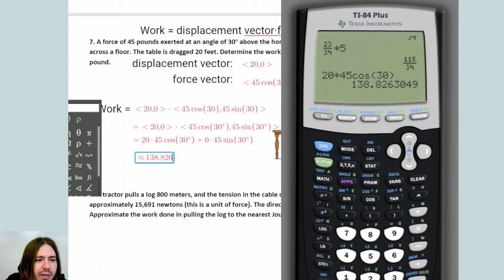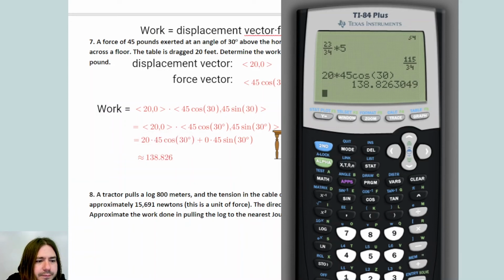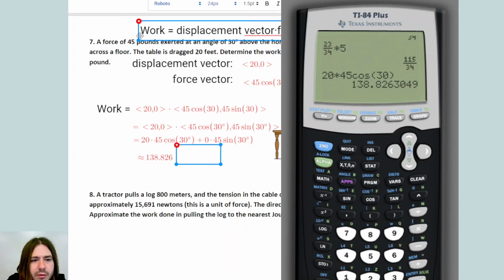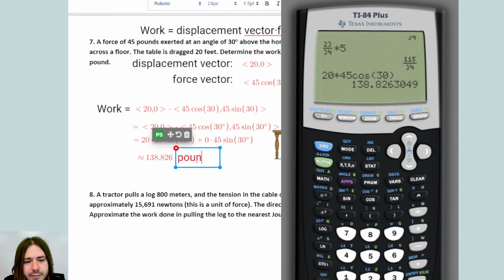Now, as far as the units are concerned here, this is going to be pound feet. It's kind of a weird unit here, but that's what it is.